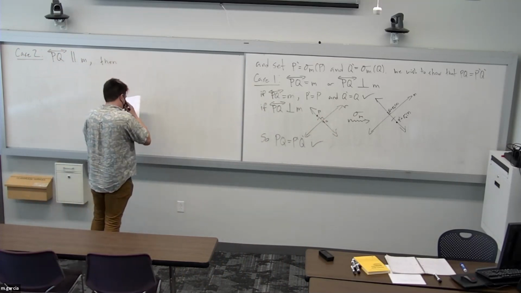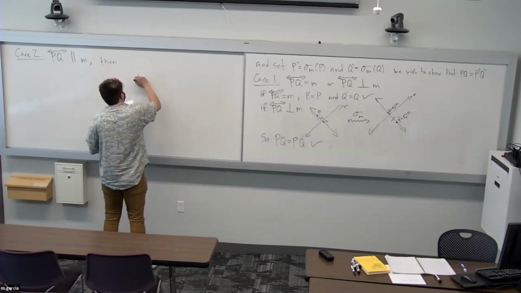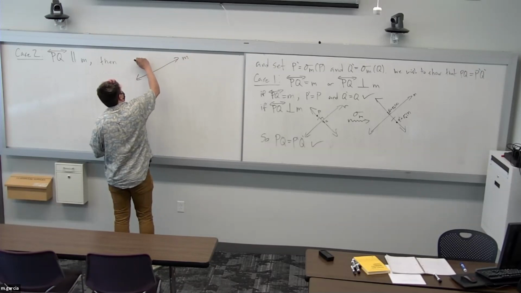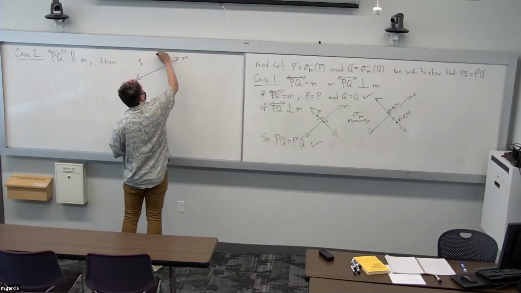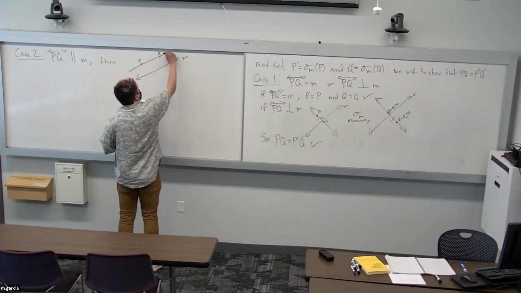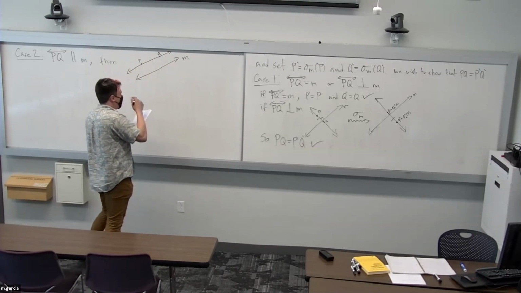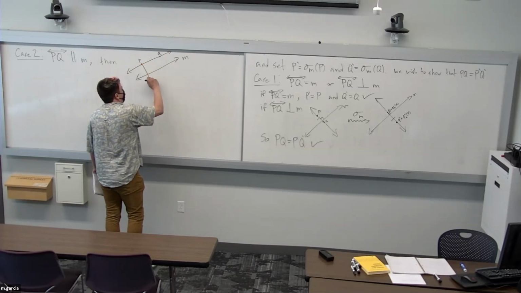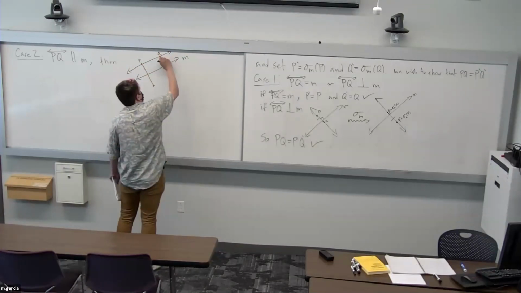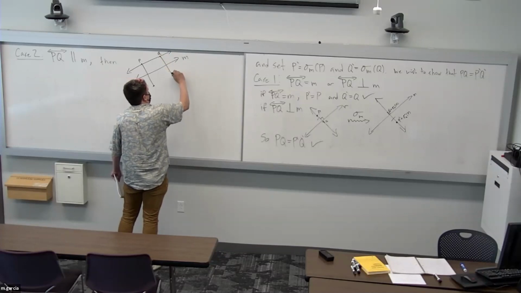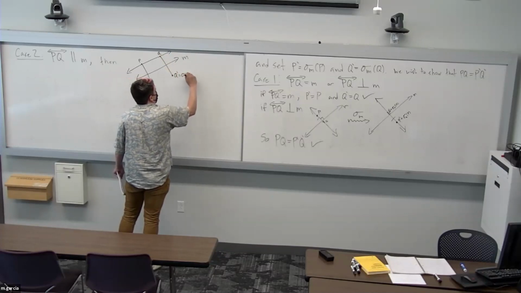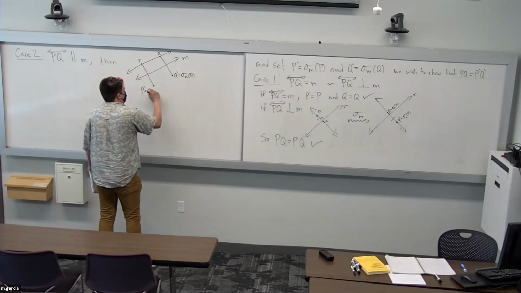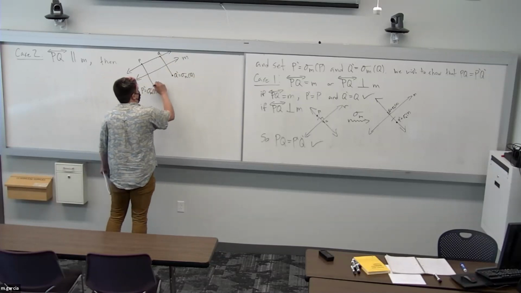Then, again, diagrammatically, we have our line M, and we have P here, and Q here. Have a parallel line. Okay? So, by definition of sigma sub M, I get Q prime down here, and P prime down here.